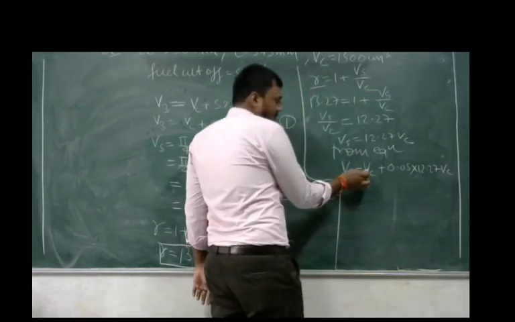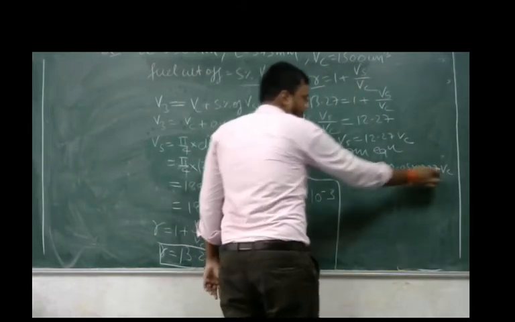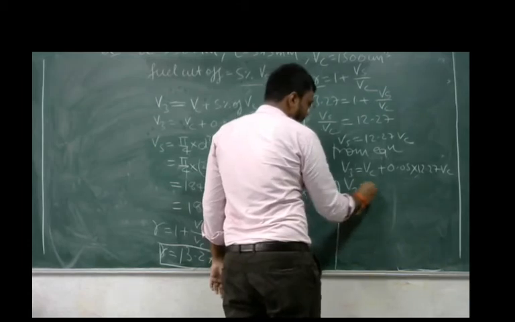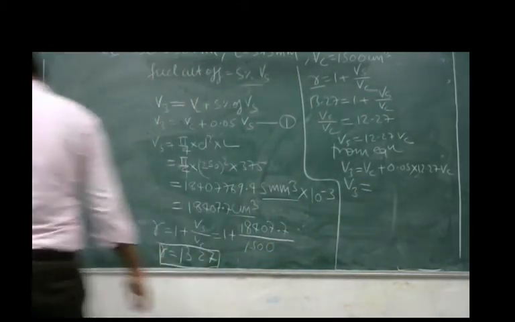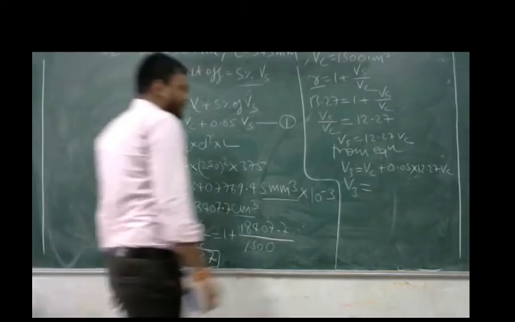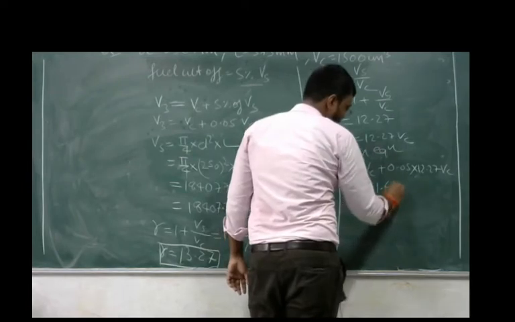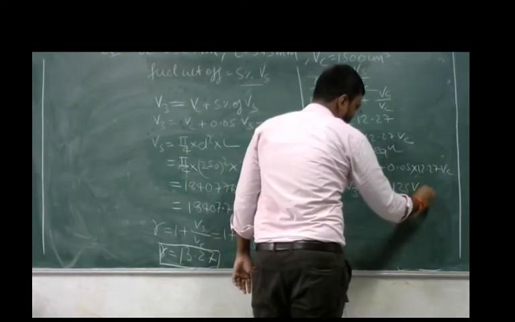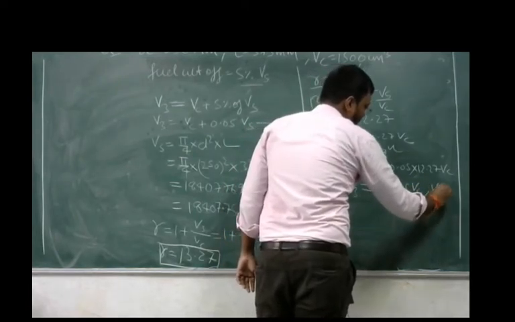Now you can add both these values, Vc plus Vc. So here we get V3 equal to 1.6135 Vc.